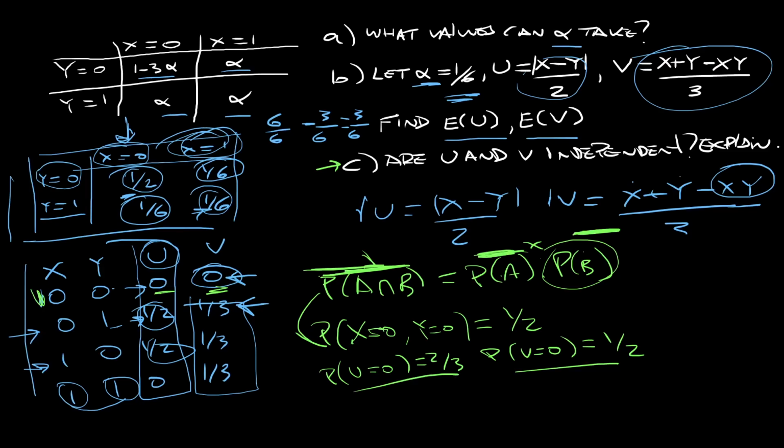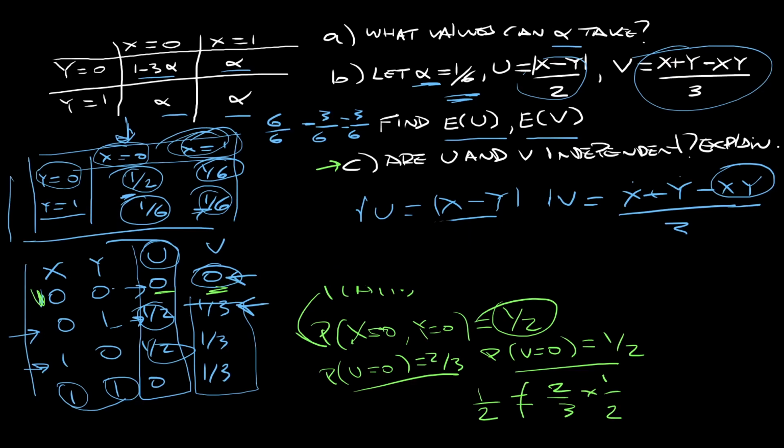So all we need to do is multiply them and see if this holds true or not. So the probability of U equaling 0 and V equaling 0 is 1/2. So is 1/2 equal to 2/3 times 1/2? We can see clearly here that this is not the case.